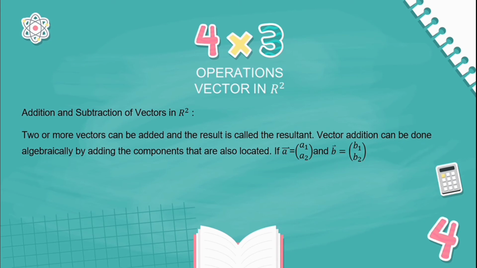Vector addition can be done algebraically by adding the components that are in the same position. If vector a equals (a1, a2) and vector b equals (b1, b2), so vector a plus vector b equals (a1 plus b1, a2 plus b2).